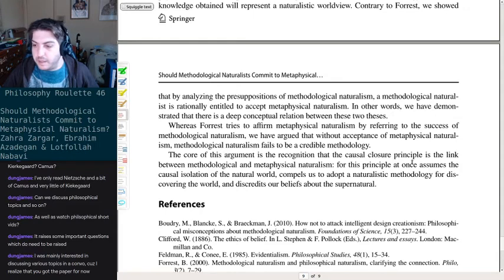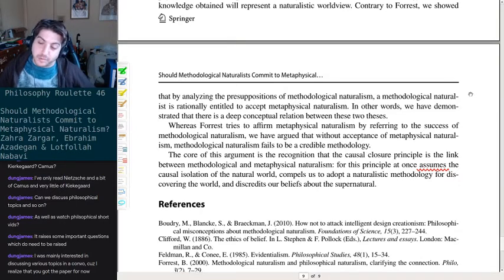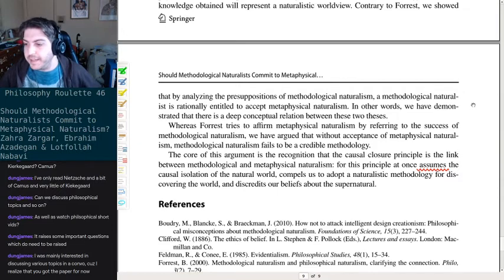And the biggest word that concerns me in this whole thing is this assumption right there. It does assume this. Now, this is a certain view about causality, and that's why at the very start I said I have a problem with these claims because they're dogmatic. I'm not entirely sure how you would get a causal closure principle unless you already assumed something like one.